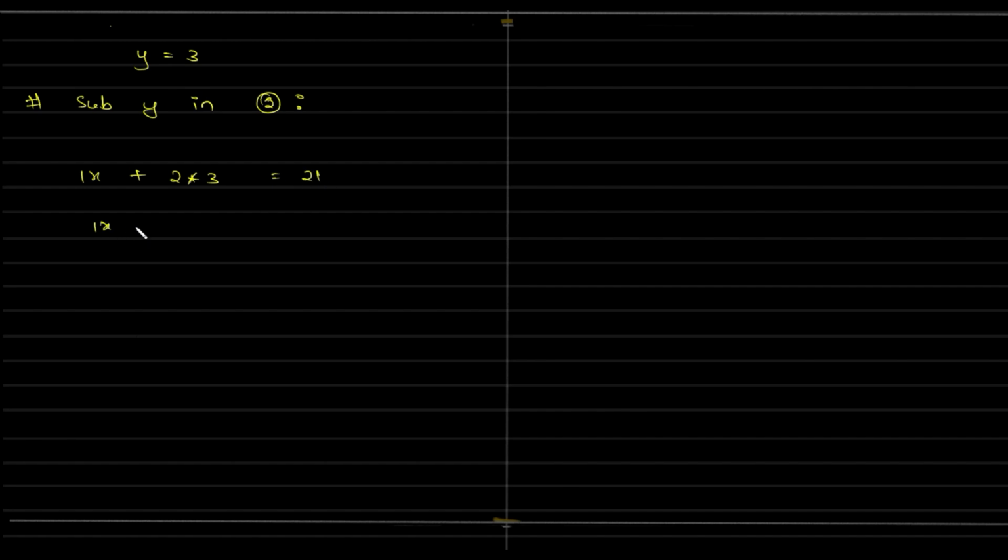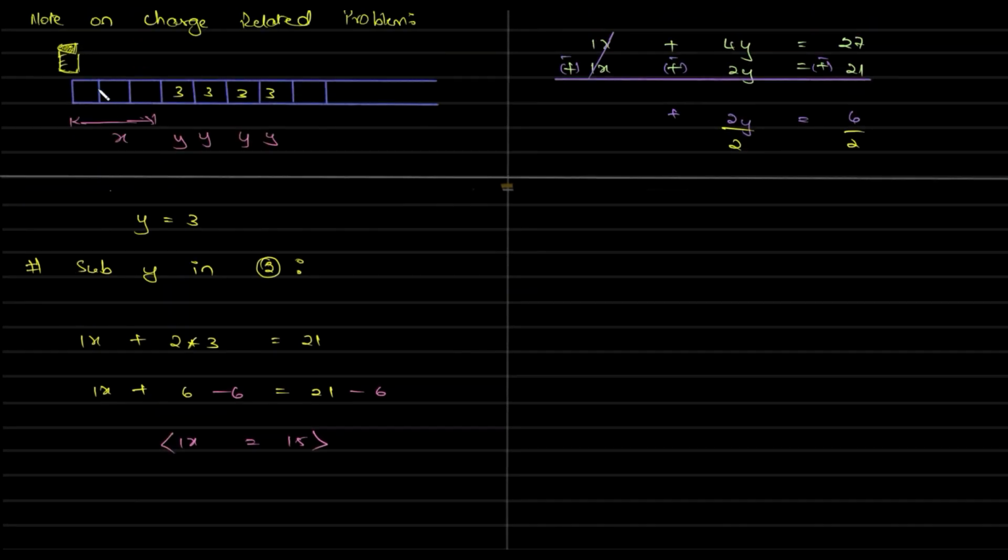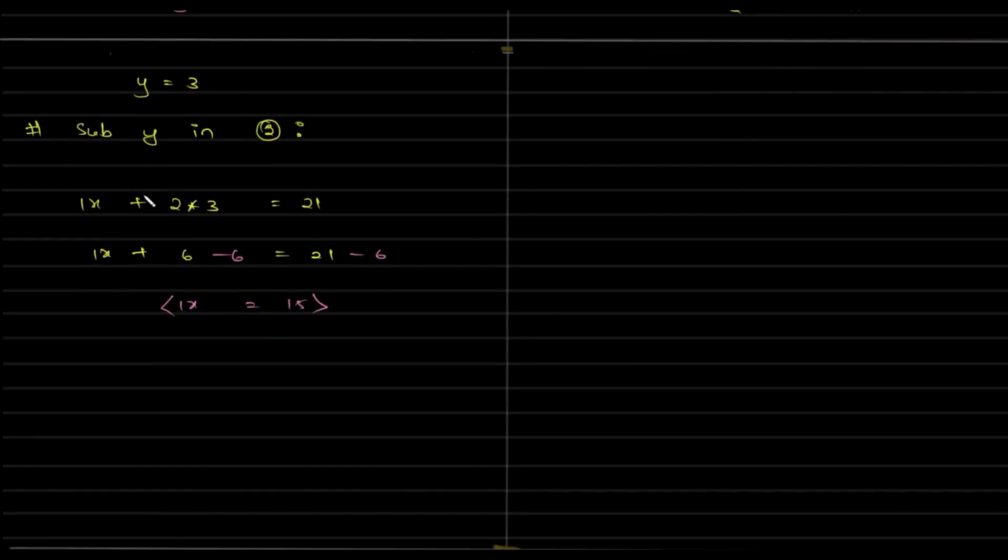So 1x plus 6 equals 21, and we subtract 6 from both sides. 1x is equal to 15. This is not per day, in total 15.